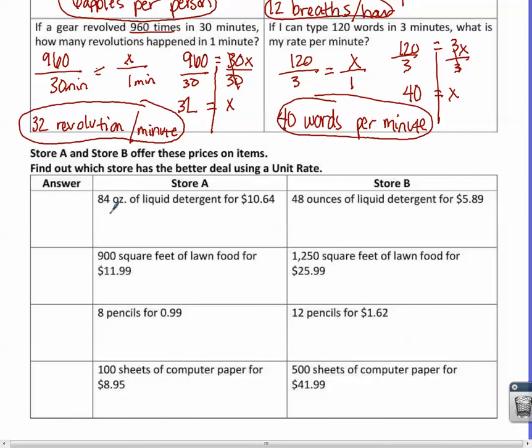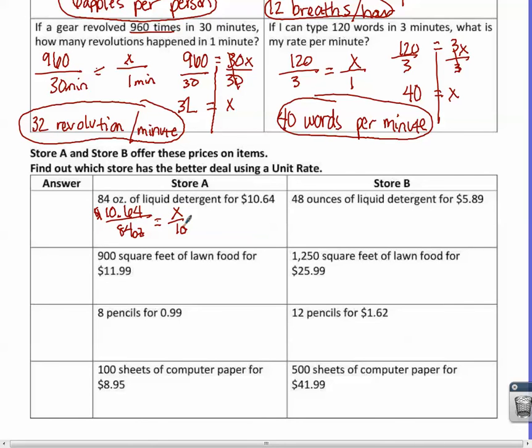So when I set this up, remember, money goes in the numerator. So I'm going to say $10.64, and I'm going to divide that by 84. And you want to say, how much is that for 1 ounce? So you have money in the numerator, ounces in the denominator.